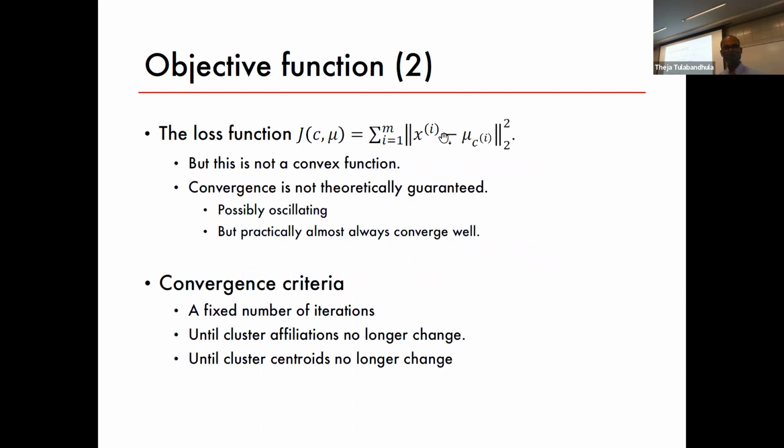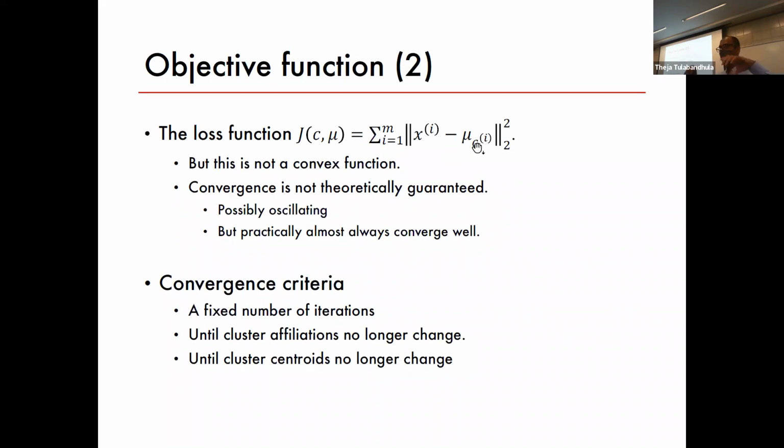Yeah, I guess a couple of comments. This is not a convex function. For a convex function, the mental picture should be something like a ball. There is a global optimum, and if you start from anywhere and do gradient descent, you get to a point, or a collection of points, from which you cannot get any lower.